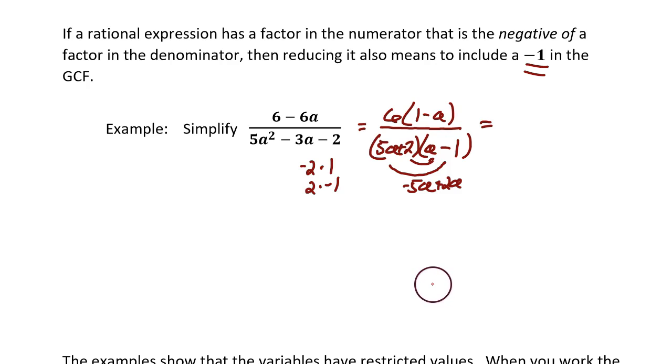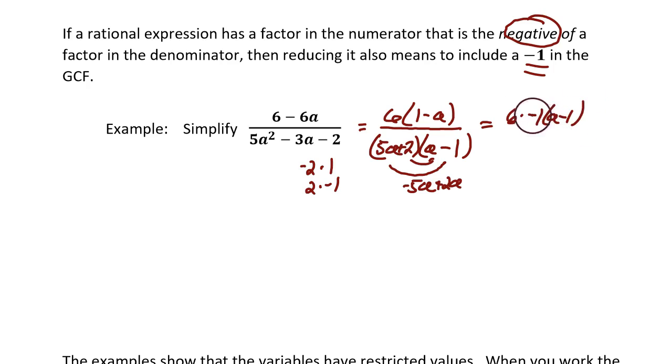But right now there is no factor that's in the top that's also in the bottom. But the 1 minus a and the a minus 1 are called opposites, or negatives of each other. So we can find a GCF if we use negative 1. Let's rewrite the top as 6 times negative 1 times a minus 1.